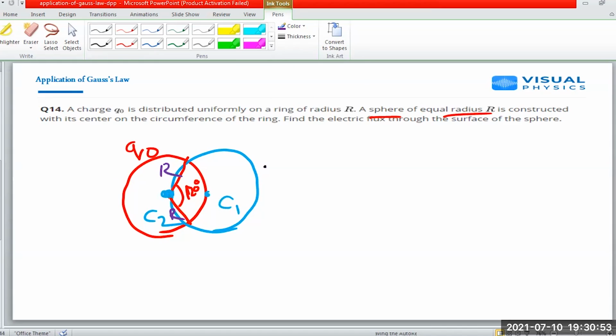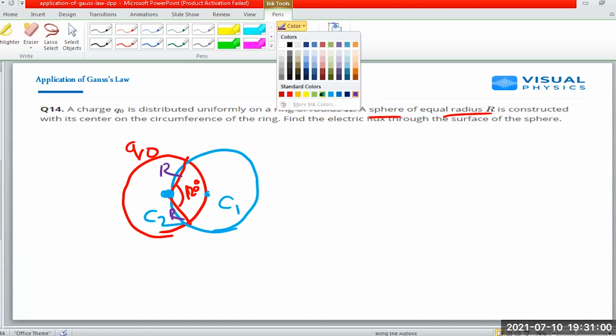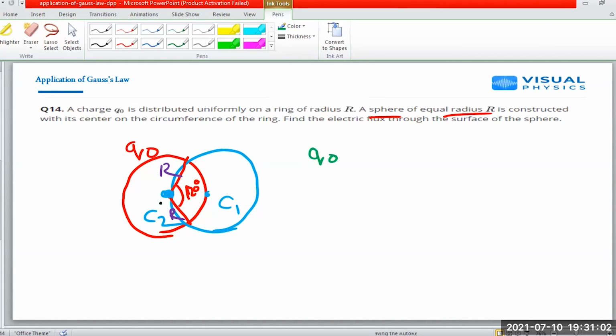The red one is a ring, the blue one is the sphere. Because this angle is 120 degrees, the charge enclosed inside the blue sphere will be 1/3. Total angle is 360 degrees, Q0 for 360 degrees, so for 120 degrees it will be Q0 by 3, or Q0 into 120 by 360.